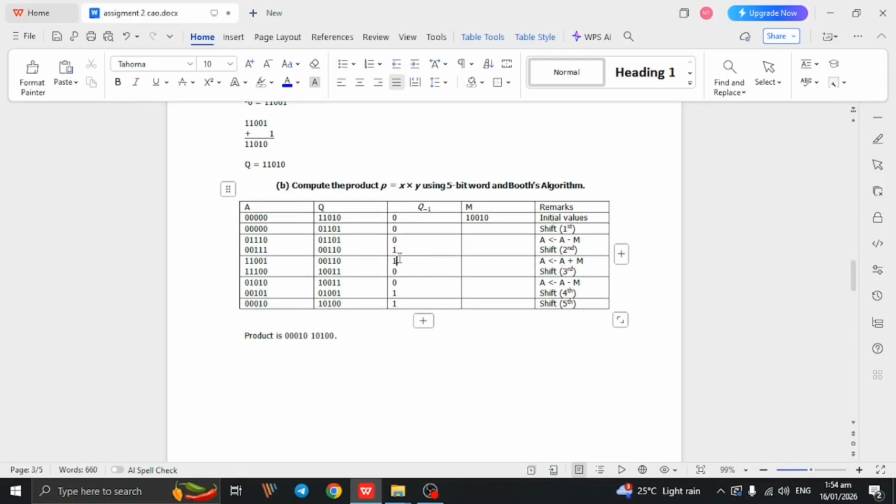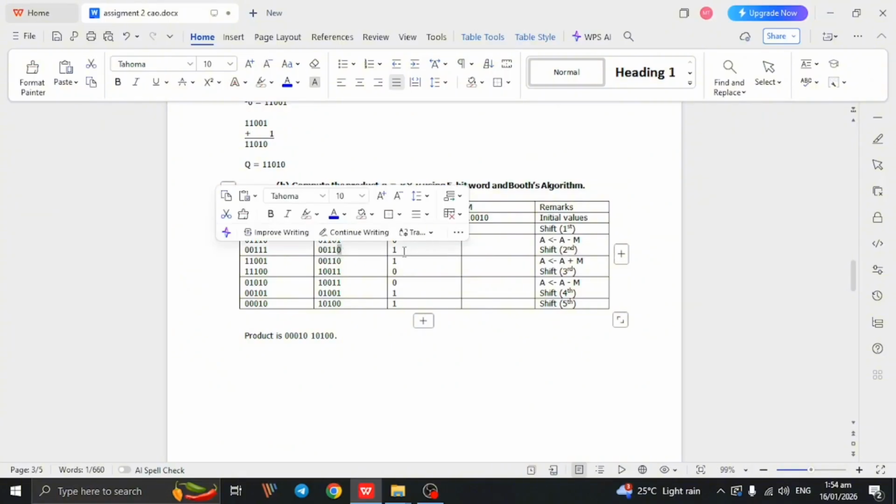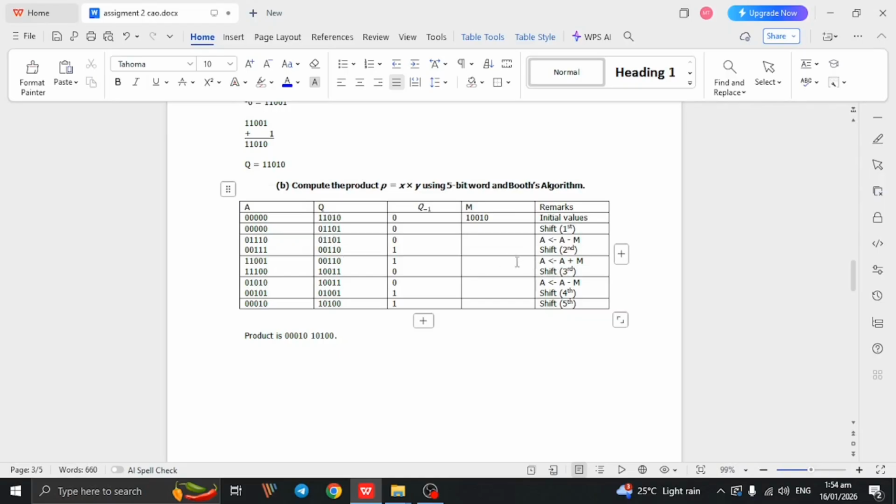For the third cycle, we see here that the value of Q0 and Q-1 is 01. So we add M to A. So we add 00111 and 10010, so it becomes 11001, and this stays the same.